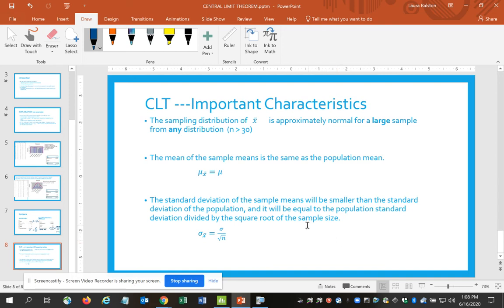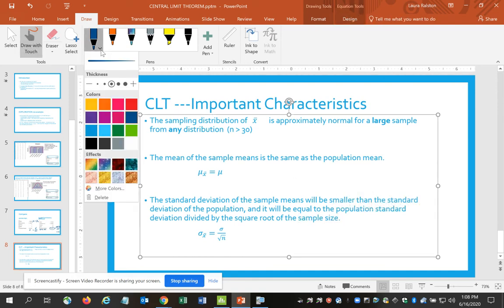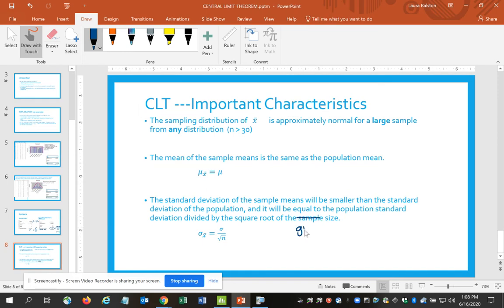It will be equal to the population standard deviation divided by the square root of the sample size. It's not really the sample size, but the group size. Did you have a group of 4, a group of 6, a group of 10? How many did you have?